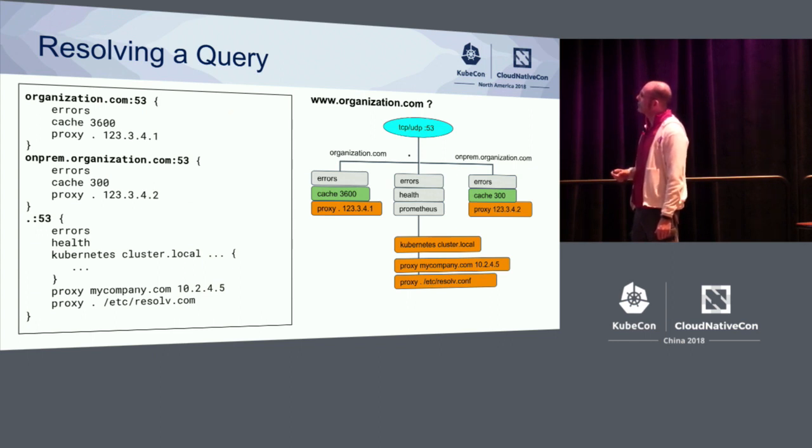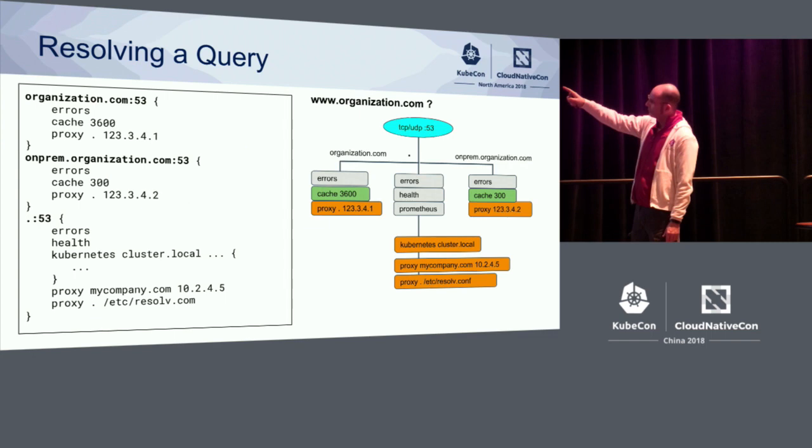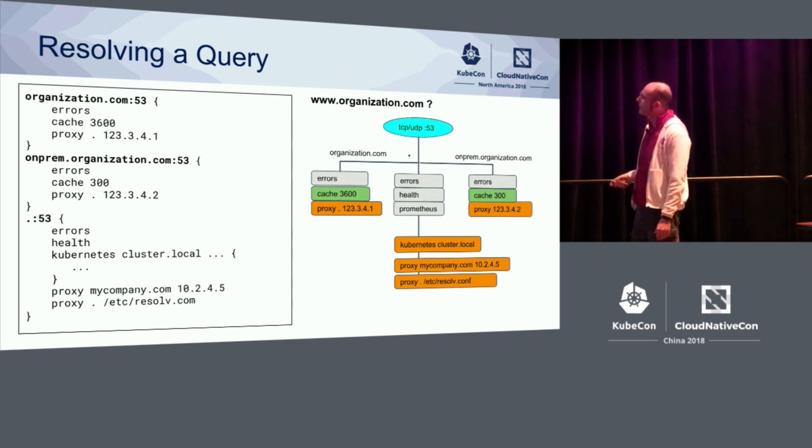So here, organization.com, the more specific would be on-prem, but that does not match. So you will go on the left branch, and will resolve your query going by errors, cache, and proxy. So it will be resolved by your proxy 133.3.4.1 for this one.